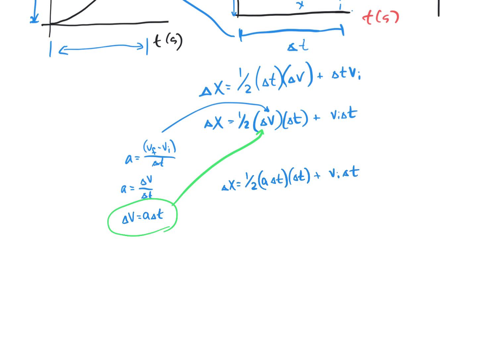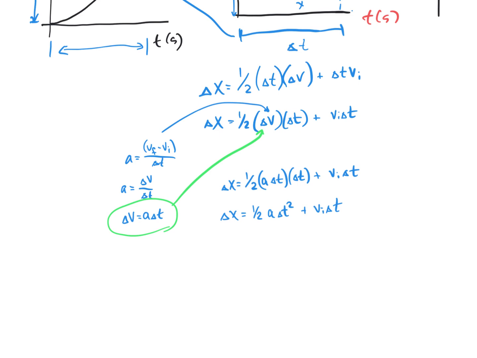So obviously we want to simplify that a little bit. So delta x equals 1/2 a delta t squared plus v initial delta t. I should keep the delta in there.